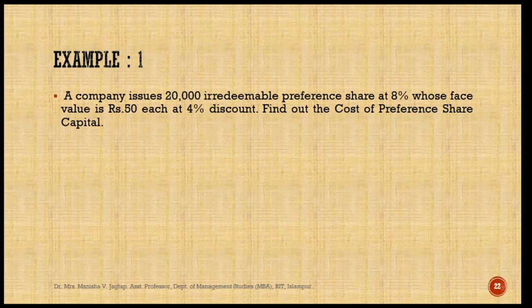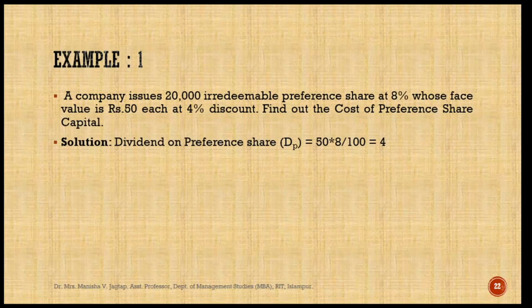In this particular problem, they have specifically mentioned that these are irredeemable preference shares. We will apply the formula of calculating cost of irredeemable preference share capital. So let us see the solution.